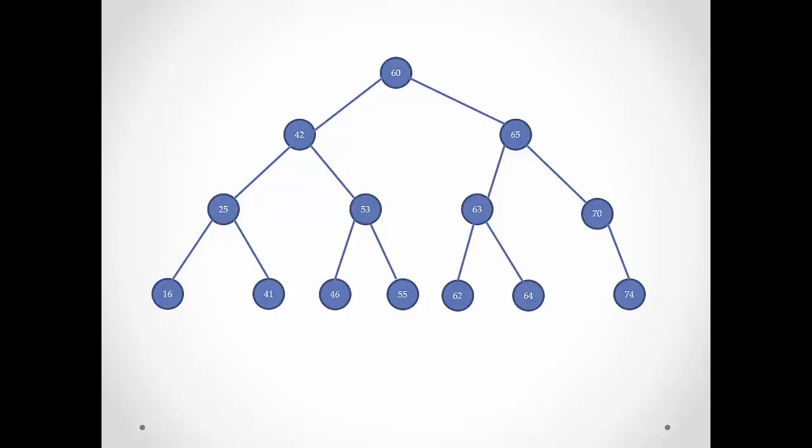Is it still a binary search tree? Meaning, do we still have the property that everything to the left is less than the root and everything to the right is greater than the root? We can make some spot checks. Everything to the left of 60 appears to be less than 60, and everything in the right subtree is greater than 60.